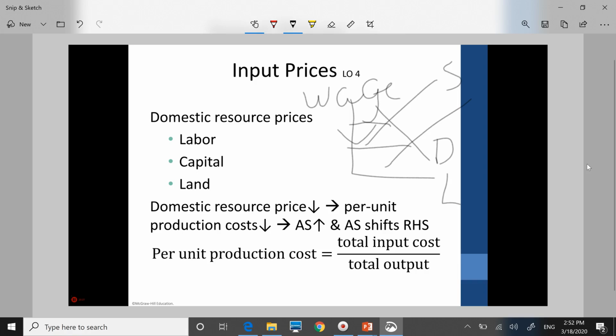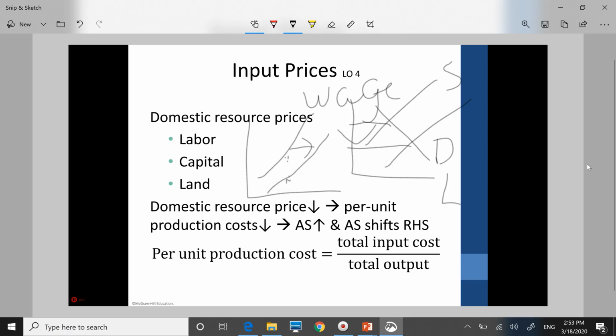It means at each quantity of production, I can produce with less cost, and I'd like to pass this saving on to my final consumers. Therefore, at each quantity, I'm going to charge them a lower price. So previously I charged over here, now I charge over here. So supply increases, shifts right-hand side.